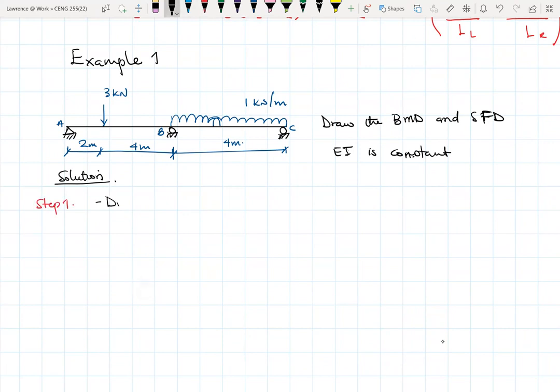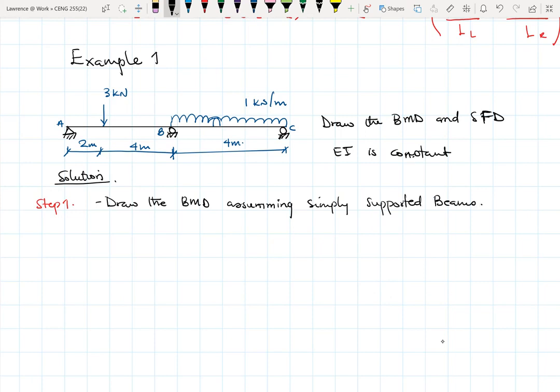We draw the bending moment diagrams, or let me just say BMDs, assuming simply supported. I'll explain what I mean.